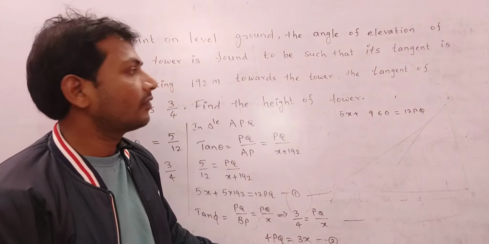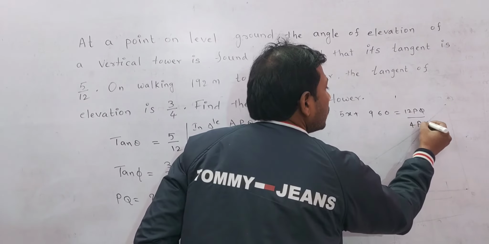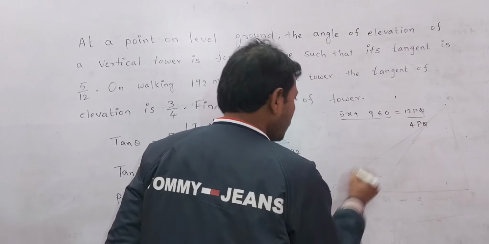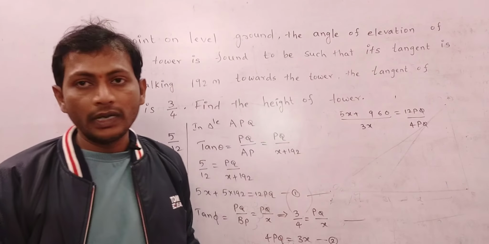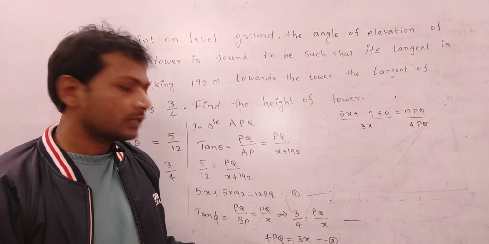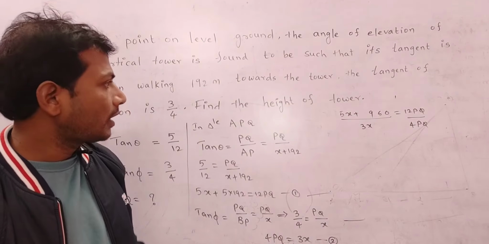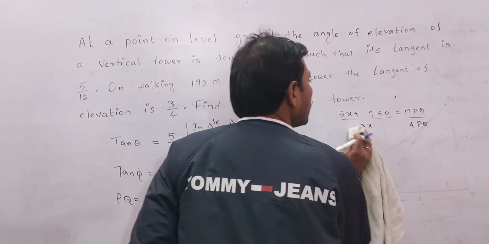If I divide by this side 4 PQ and this side 3x, then PQ is automatically cancelled. Otherwise you can substitute PQ equal to 3x by 4 also, no problem. If you get confused, I will do that for you.